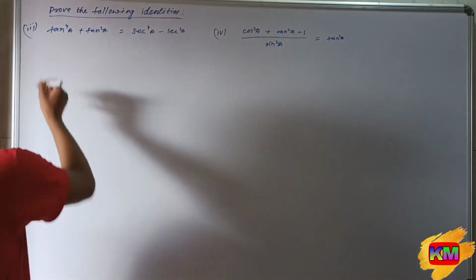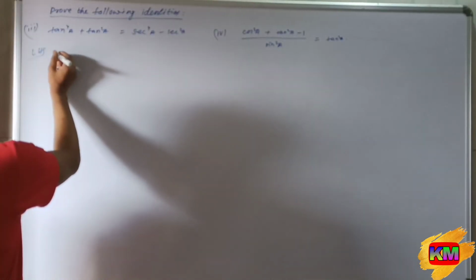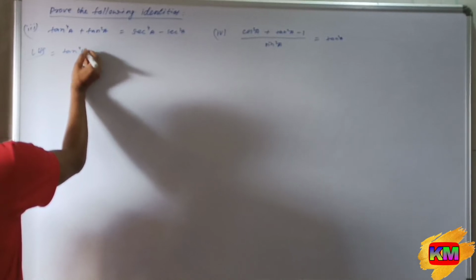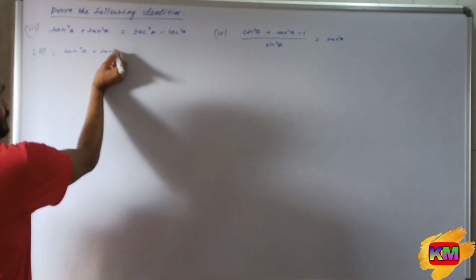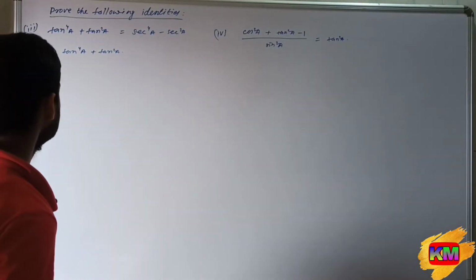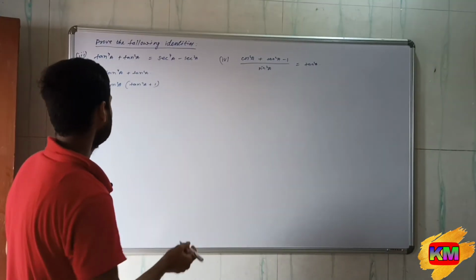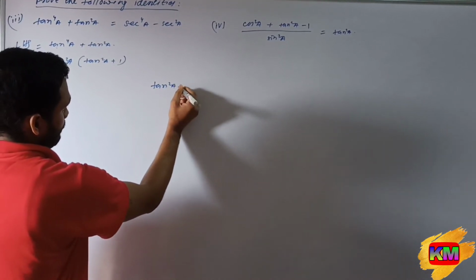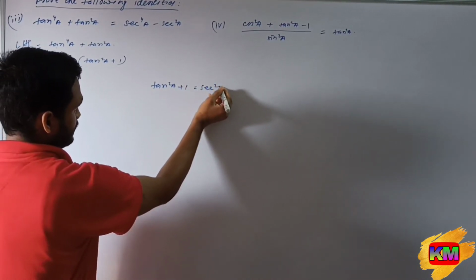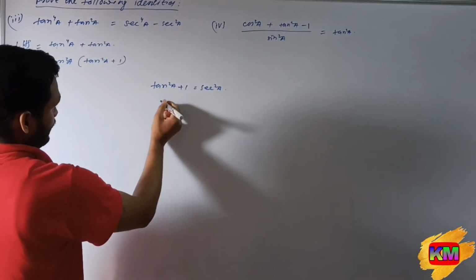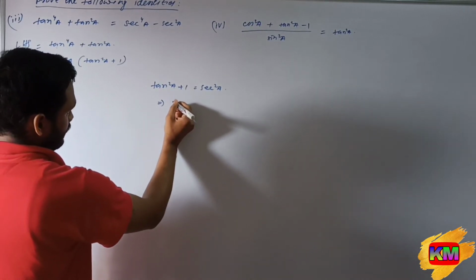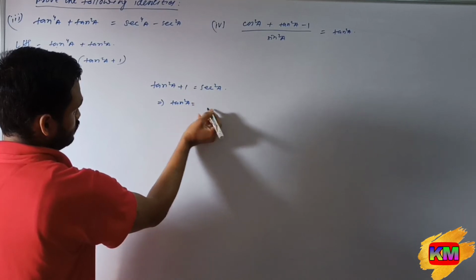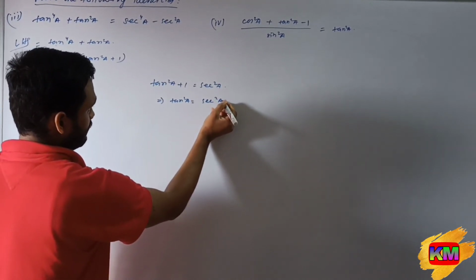So for proving this, we will take LHS equals tan to the power 4A plus tan square A. Here we can take common tan square A, and we know that tan square A equals sec square A minus 1, because we know that tan square A plus 1 equals sec square A. So from here we get tan square A equals sec square A minus 1.